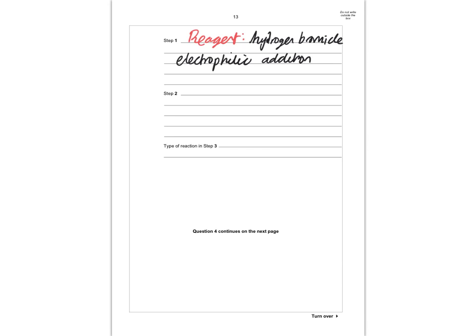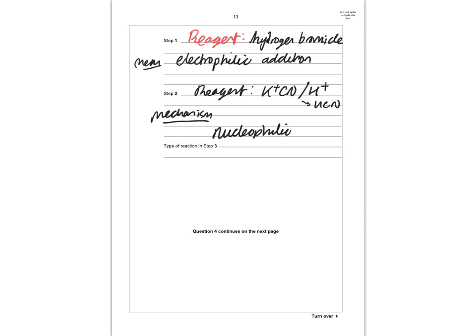In the second step, the reagent that we're using, do not just write CN minus. So either potassium cyanide, and hydrogens, because that converts it to hydrogen cyanide. And the mechanism, so the mechanism, we've got a halogenoalkane, and we're substituting the bromine group with the cyanide, so it must be nucleophilic substitution.